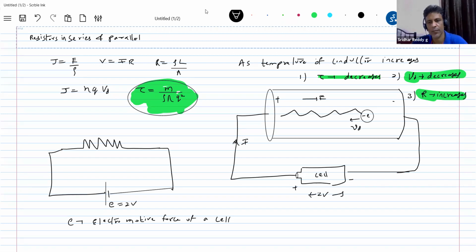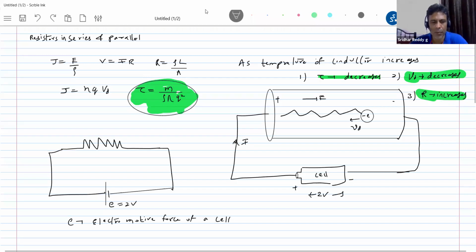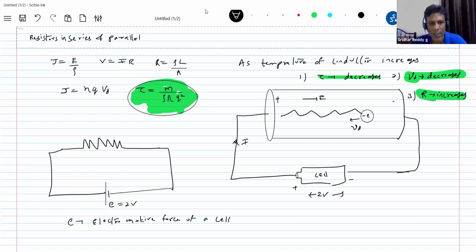2 volt. I'm bringing in the word electromotive force because inside the cell a chemical reaction occurs. Because of that, the positive charge is displaced from the negative to the positive terminal. Some sort of force is acting, that's why it is called electromotive force. That force makes the charge flow through a wire. And when it encounters resistance, the charged particle gives out its energy in the form of heat due to inelastic collision.